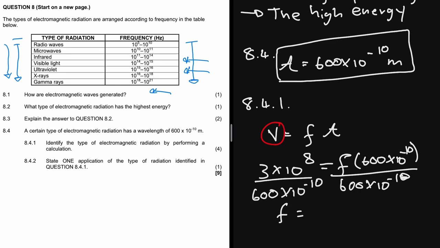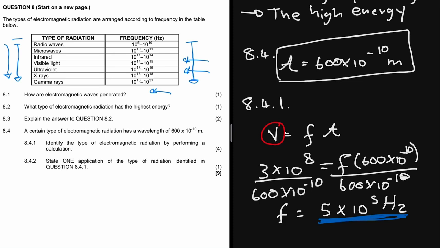So now if we punch in the calculator 3 times 10 to the power of 8, all divided by 600 times 10 to the power of negative 10, we get the answer as 5 times 10 to the power of 5 hertz. So now we are going to look at the range whereby 5 times 10 to the power of 5 hertz will fall within.